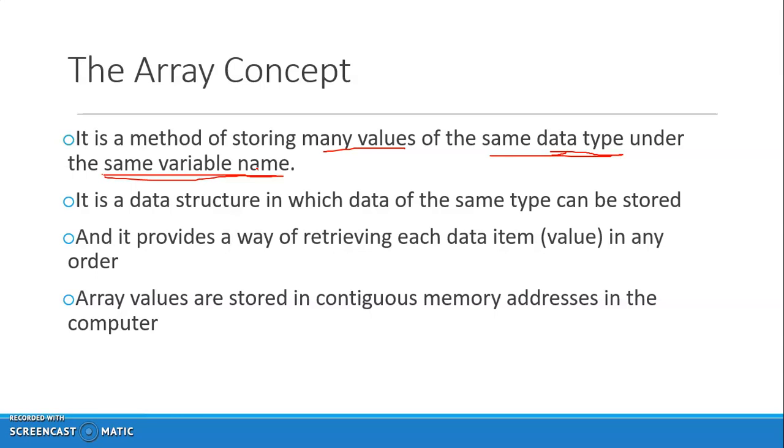For example, we may want to process the average for the class, the average for the scores of Fortran for all students that we have. All these grades or scores are of the same data type. They are numbers, for example, maybe real, maybe integer, and they will be treated as one thing, instead of declaring different variables for each and every student score.